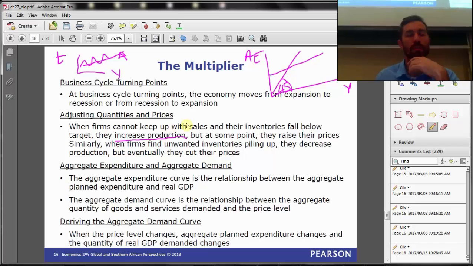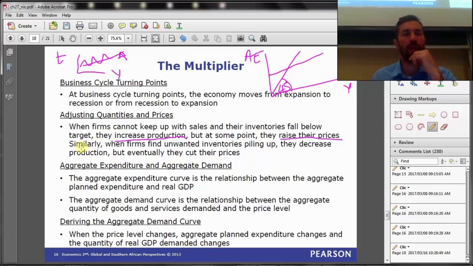However, at some point, they also raise prices. In other words, you're producing some amount, and you're selling more than what you're producing. Okay? There are two ways in which we can deal with that. We can increase production, or alternatively, if we no longer assume the prices are fixed, we can also raise the prices of the output that we're producing.